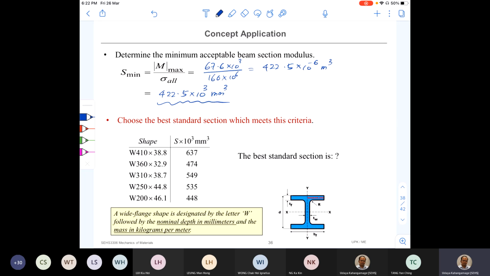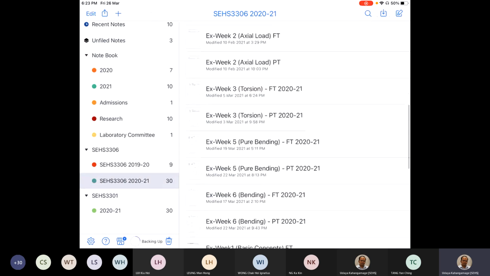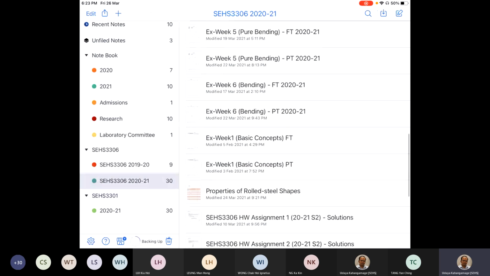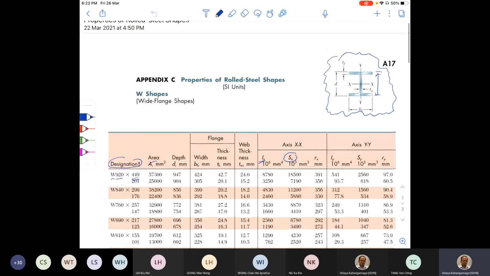Okay, so standard sections of flanges like this come with some data, right? We can select those data from standard data books. So I have uploaded one such data table in the Moodle course site. You can find that one. It's properties of rolled steel shapes like this. So it is for the wide flange sections, and they are identified by a designation.